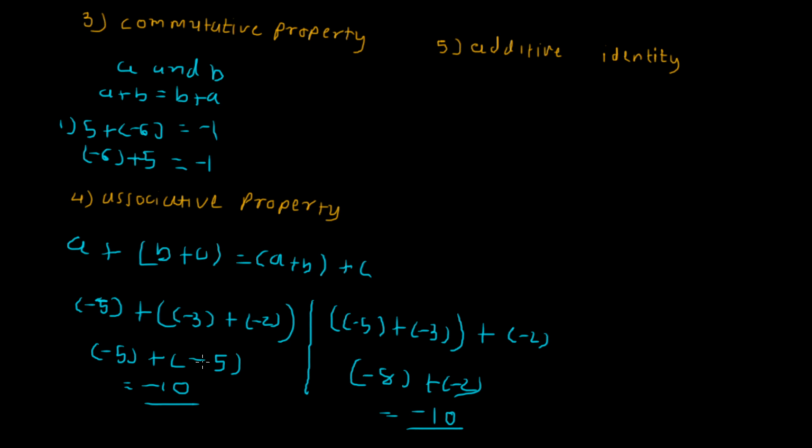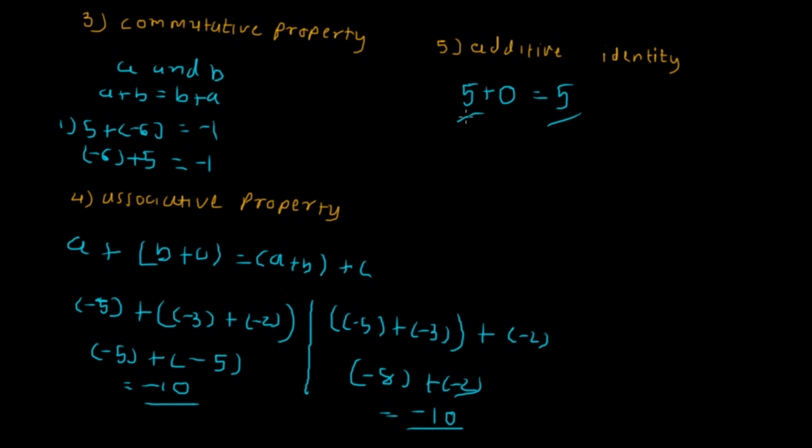And guys, the next property is additive identity. Okay, for additive identity, when we add 0 to a whole number, we get the same number as the answer. For example, if we add 0 to 5, what answer do we get? 5.